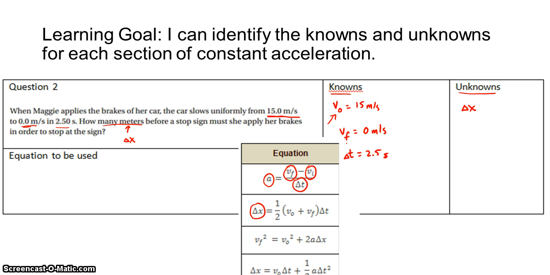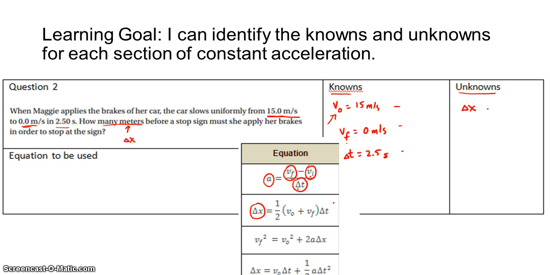Okay, so with any one of these equations, if I know three of the variables, I can always find the fourth. So we've got to pick an equation that has all 4 of these variables in it. So let's look. Looks like the second one has all 4.